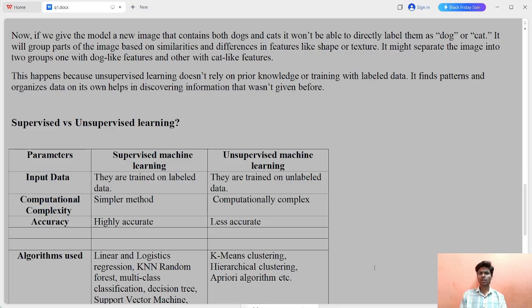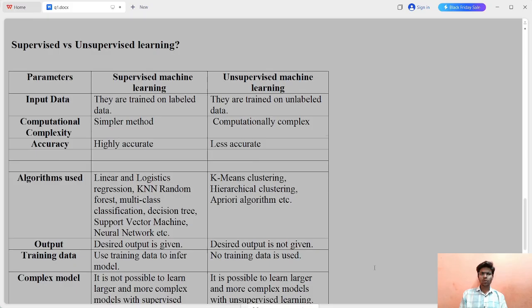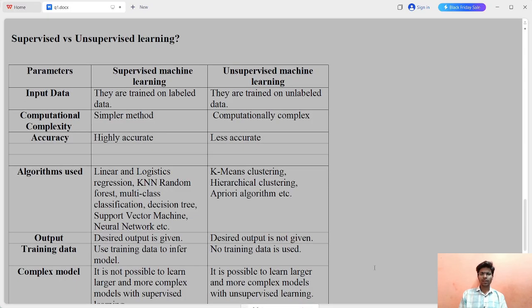This happens because unsupervised learning doesn't rely on prior knowledge or training with labeled data. It finds the patterns and organizes data on its own, helping in discovering information that wasn't given before. Let's differentiate between supervised and unsupervised learning.